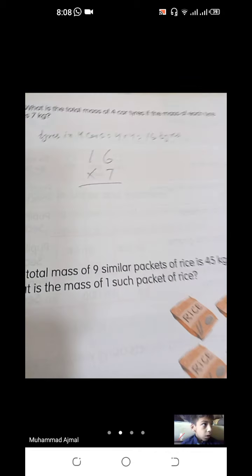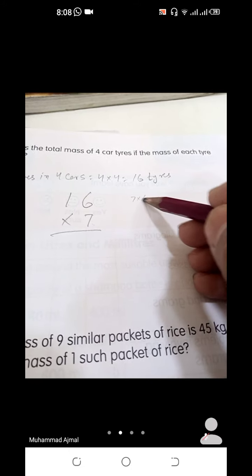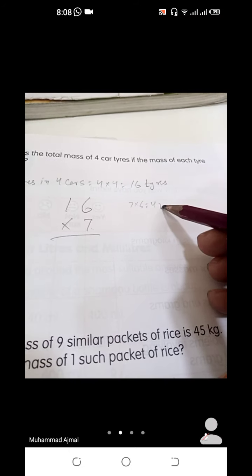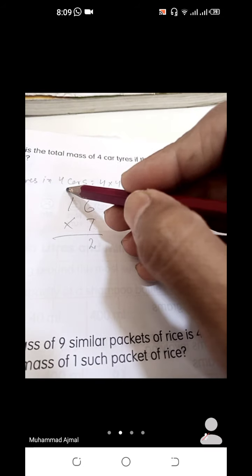This is 125 activity book. We will multiply 7 by 6 first. So 7 sixes are 42. So 2 will be written under 7 and 4 will carry.